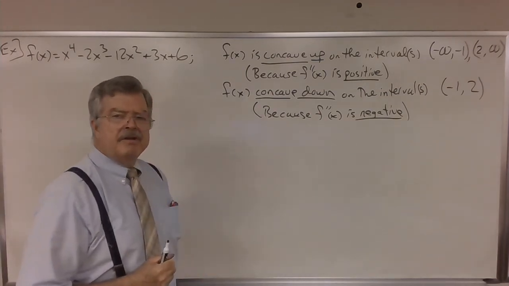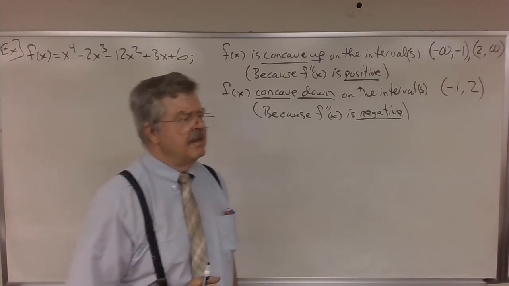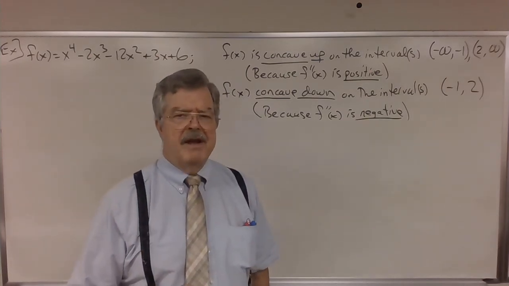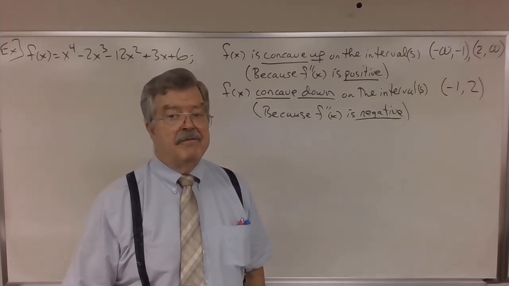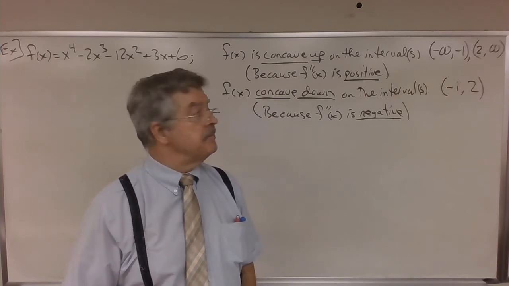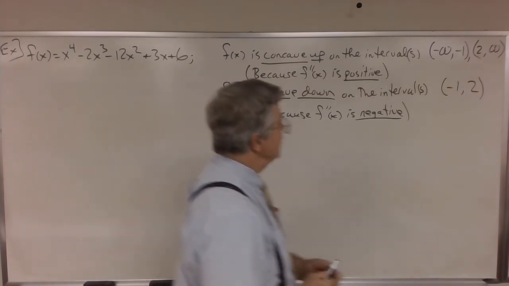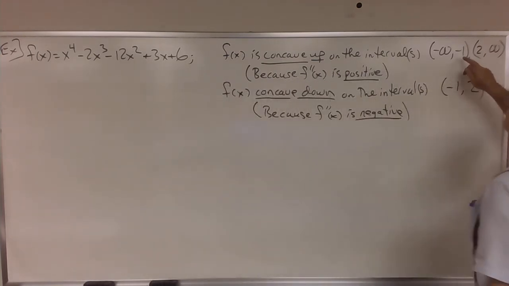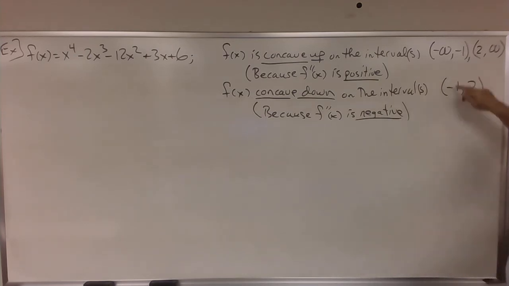And what about points of inflection? Those are points on the graph where f of x changes concavity, right? And f of x changes concavity at the point negative 1: it goes from concave up to concave down. And at x equals 2, it goes from concave down to concave up.